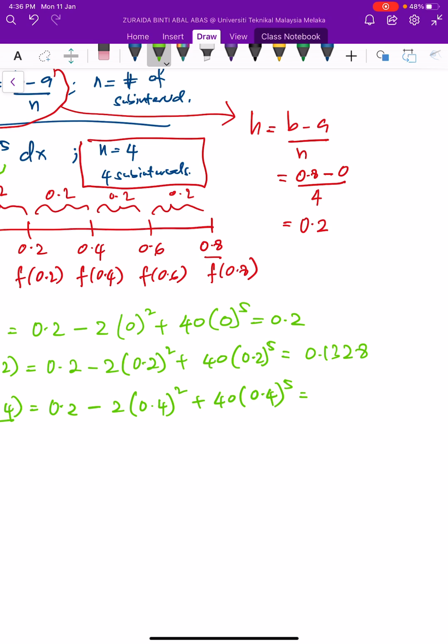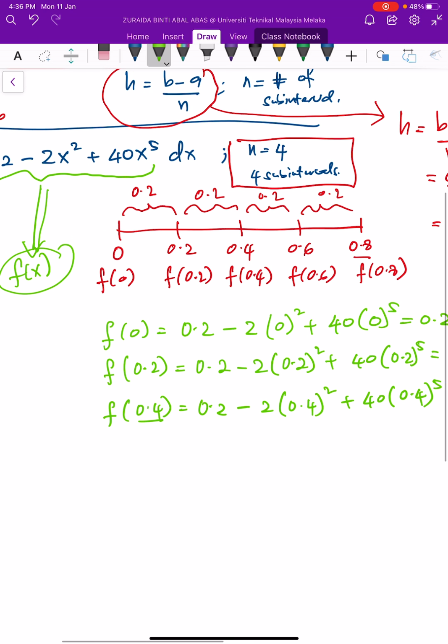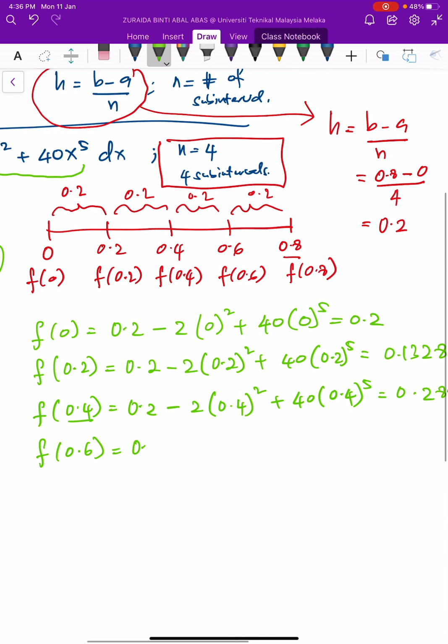So this one is 0.2896. And next you have the function which you need to evaluate at x equal to 0.6. So that will give you 0.2 minus 2 times 0.6 to the power of 2 plus 40 times 0.6 to the power of 5.